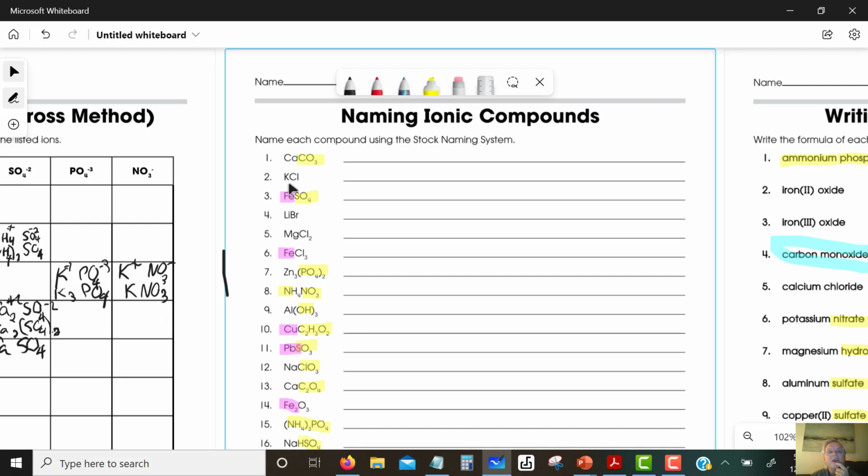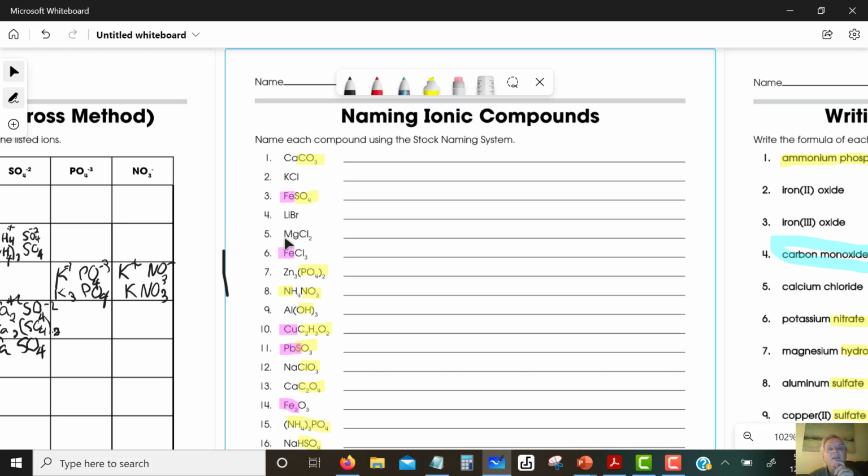This next one would be potassium, and it's no longer chlorine, it's chloride, IDE. This would be lithium. Now, normally that would be bromine, but it's married to it. It's a compound now, so that would be lithium bromide.